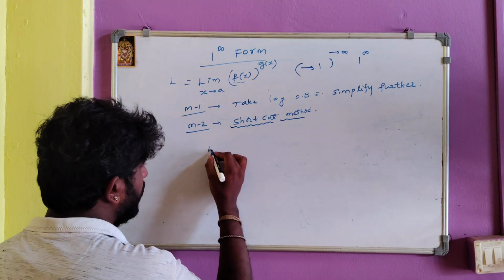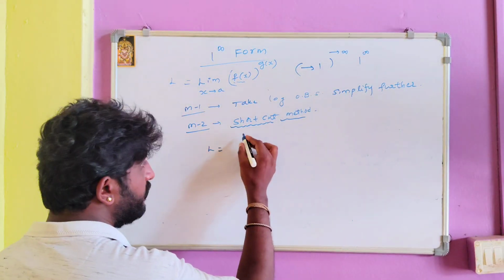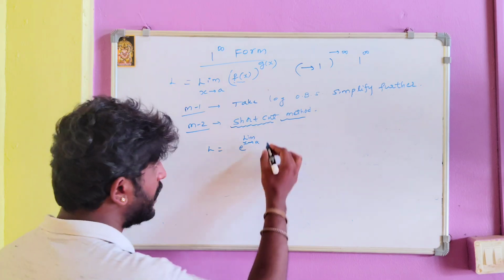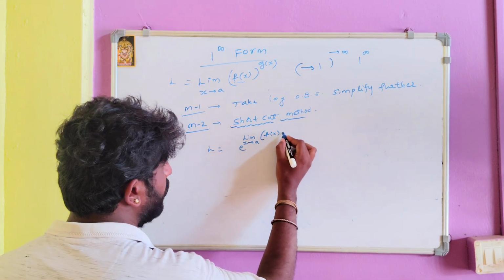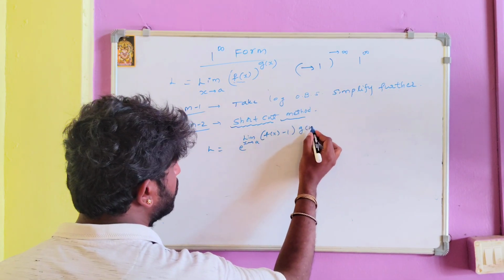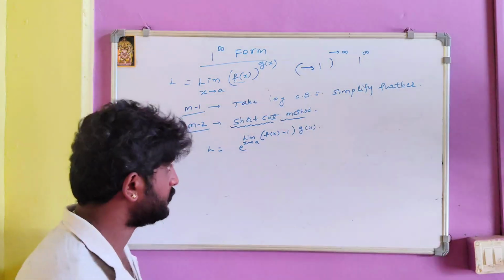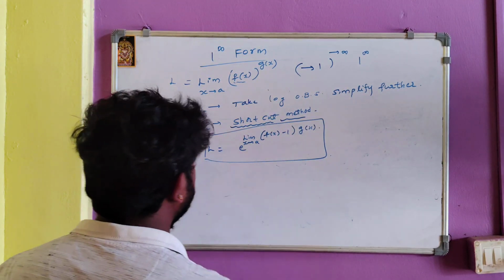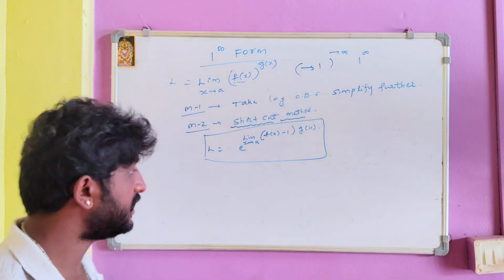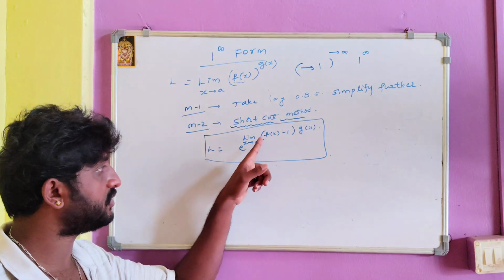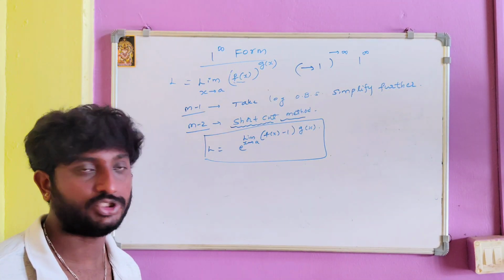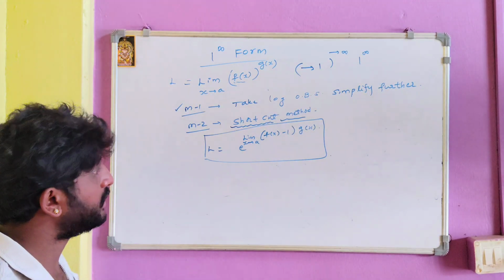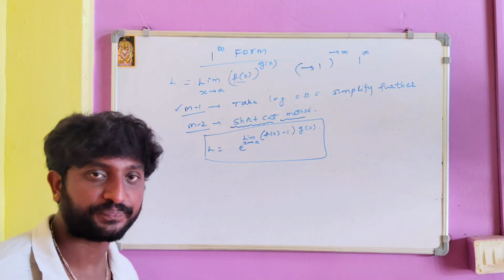The limit value L is equal to e raised to the power of limit x tends to a of (f of x minus 1) into g of x. This is the shortcut. Method 1 is the normal method, and this is the shortcut method.